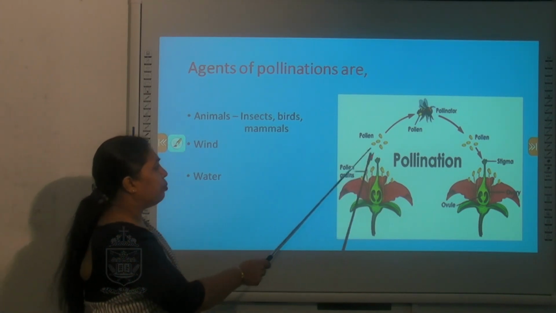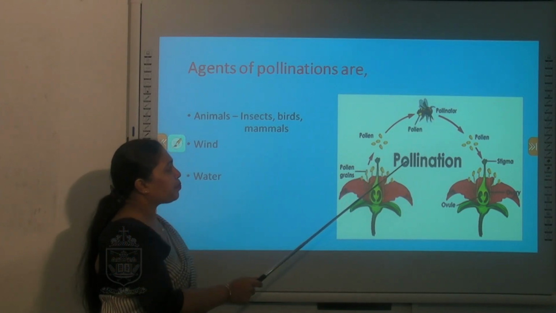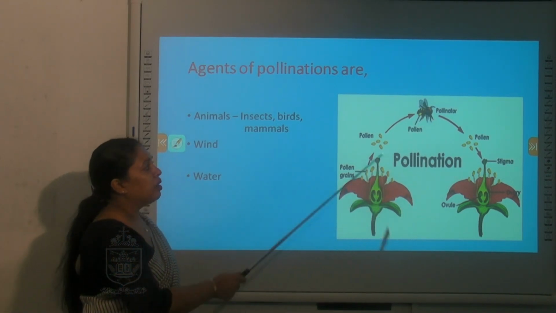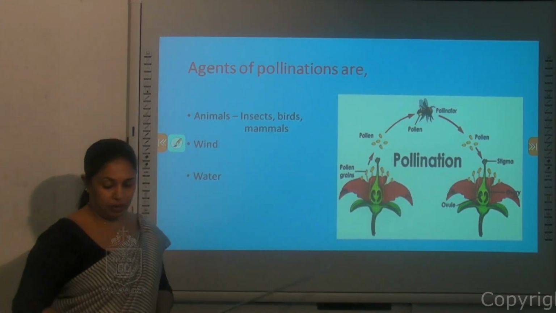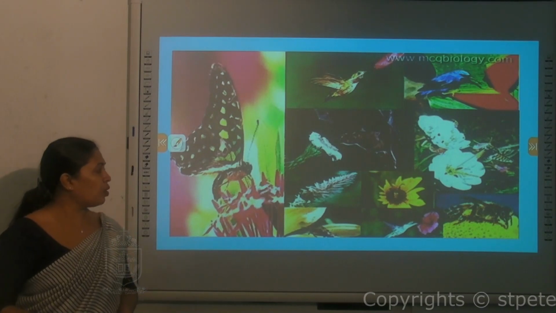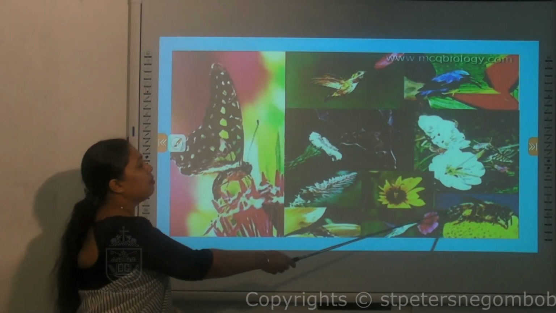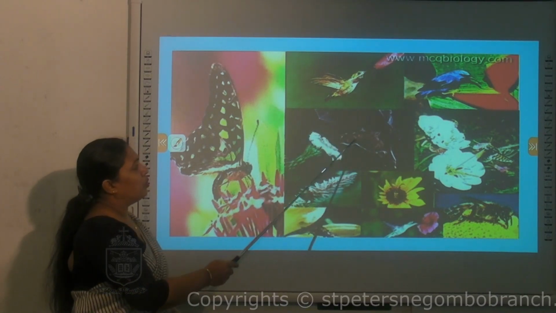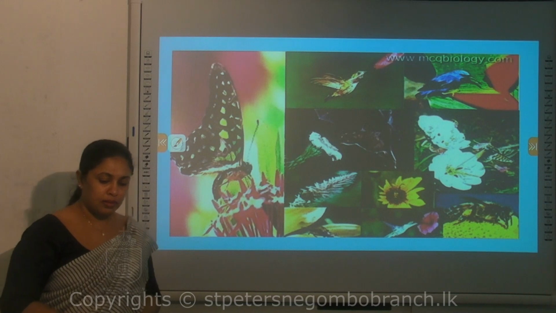When pollination occurs, this agent is known as the pollinator. The pollinator carries pollen in pollination. So these are the animal agents of pollination. It includes insects such as butterflies and bees, small birds, bats and also some rodents like squirrels.